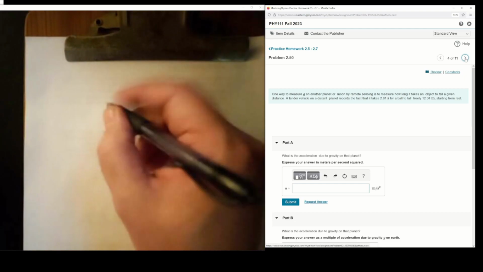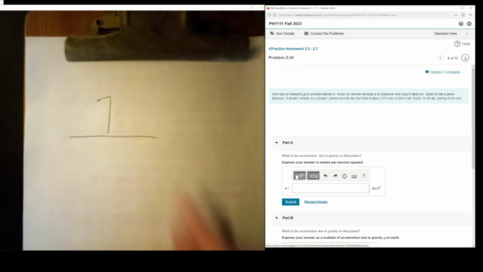So measuring g on another planet. Take an object, fall a given distance, something we would have to measure. So on some planet, they want to measure the acceleration due to gravity.